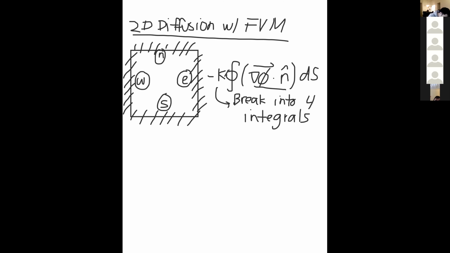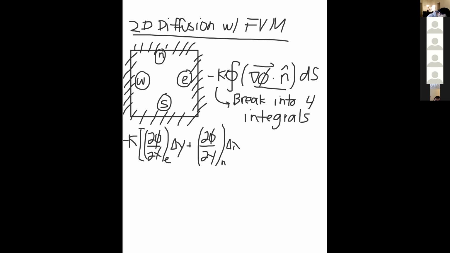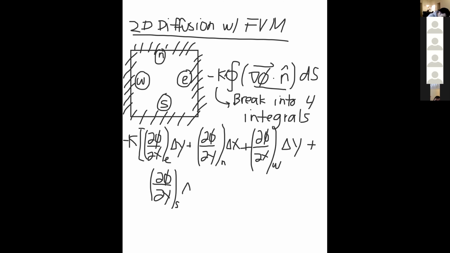We have minus k, and then we have d phi dx on the east face, delta y, plus d phi dy on the north face, delta x, plus d phi dx on the west face, delta y, plus d phi dy on the south face, delta x.